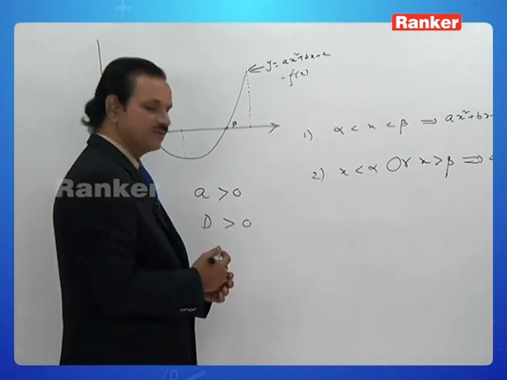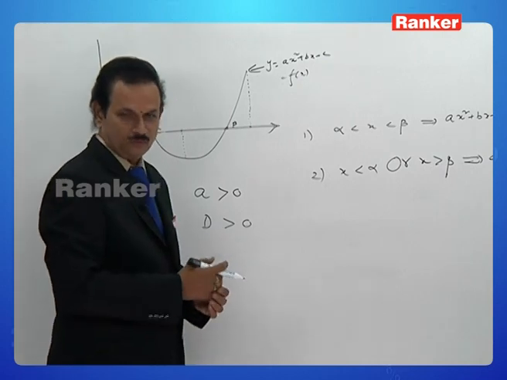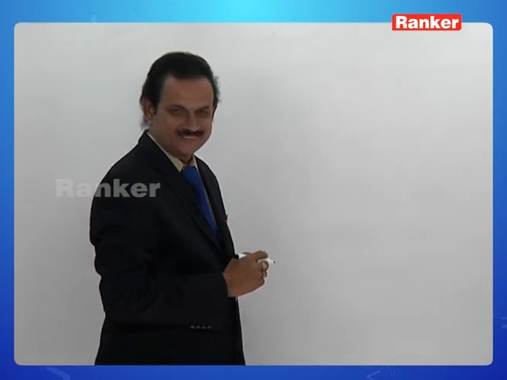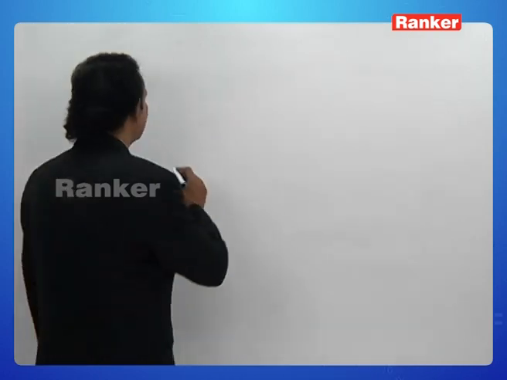Well, let us now observe another diagram corresponding to the case when a is less than 0. Let us investigate the nature of the graph y equals ax square plus bx plus c when a is less than 0.